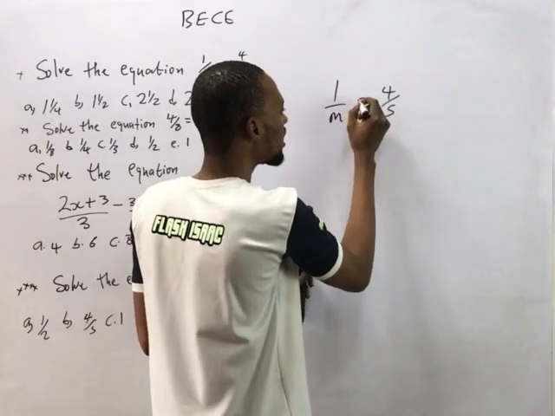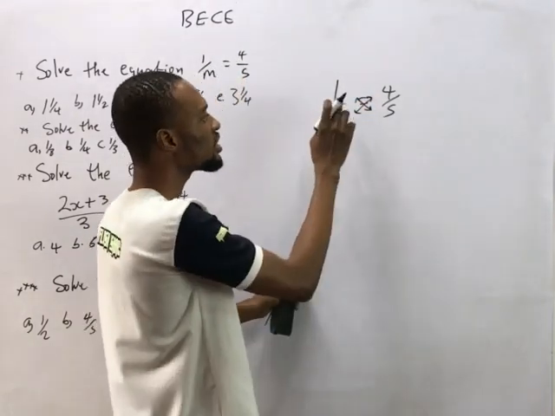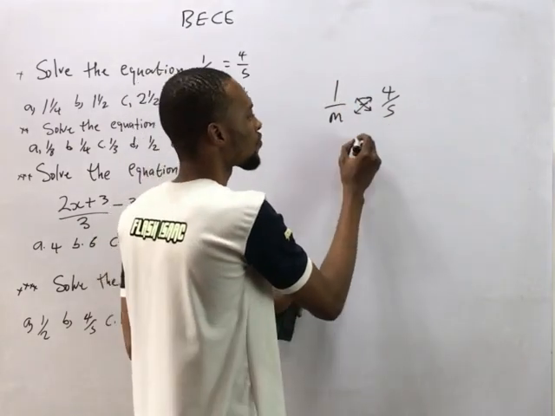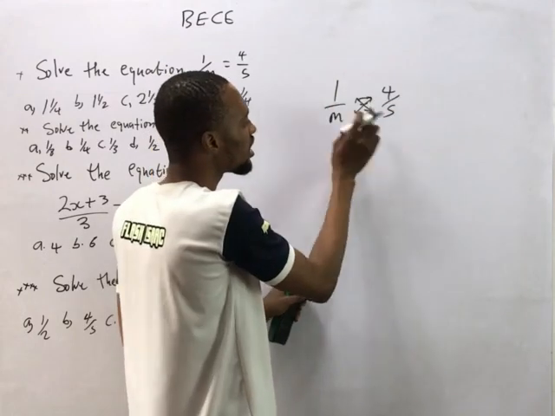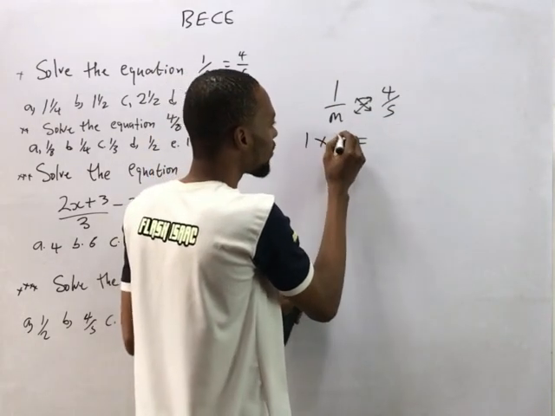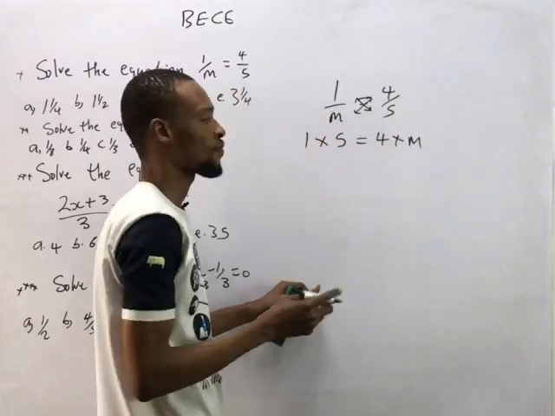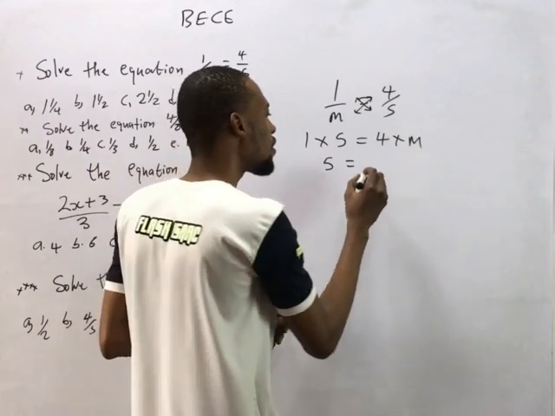You draw something like this either in your mind or on a rough sheet, or you say cross multiply. It means what is here multiplied by this equals what is here multiplied by this. So 1 times 5 is equal to 4 times m. 1 times 5 is 5, equal to 4 times m, which is 4m.